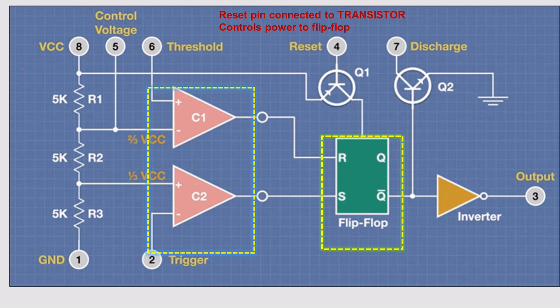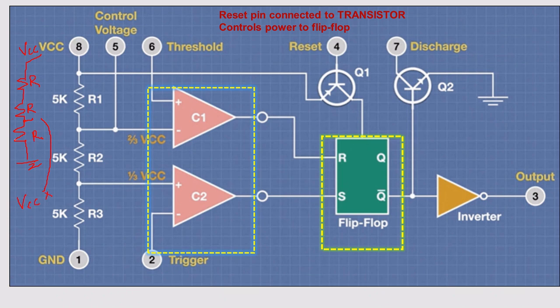Okay, let me take this divider network. 3 resistors I connected, each R, with ground. Let me calculate for this point. What is the output? You know the divider rule, right? We want to use the divider rule. What is the supply voltage for this network? VCC.